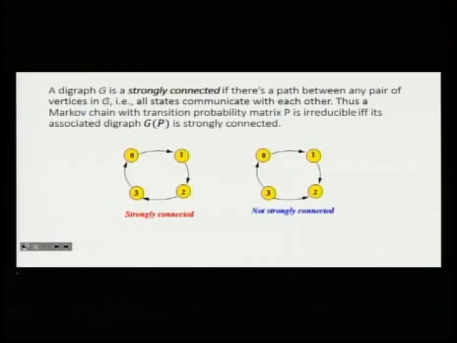So over here we have a strongly connected graph. From any state I can get to any other state. But over here it's not strongly connected. For example, if I start at 2, there's no way I can get to 3. Yeah, so a strongly connected digraph is equivalent to an irreducible Markov chain.